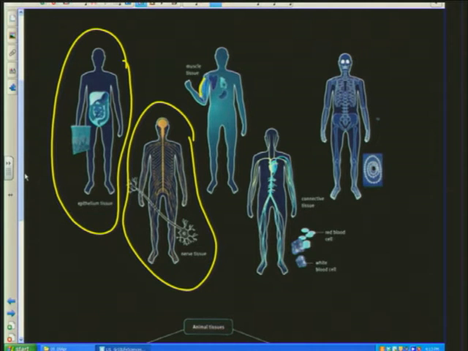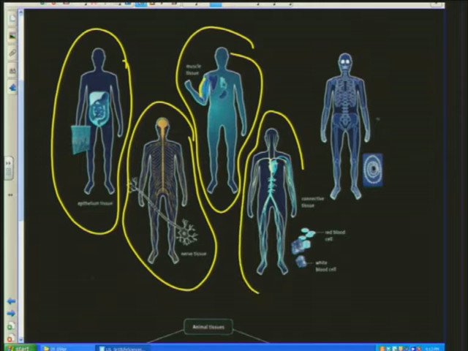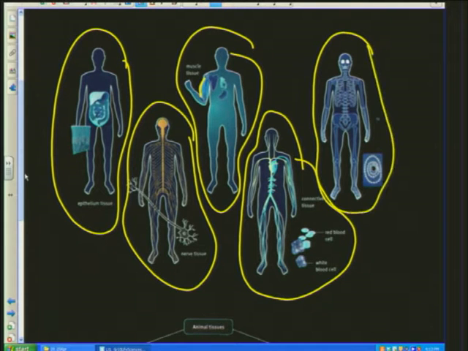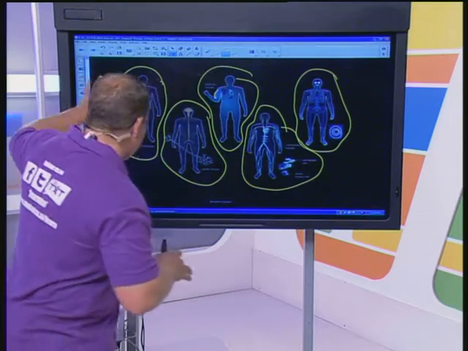Guns for Africa, right? Muscle tissue. Very nice. The next one is connective tissue. It's connecting everything together. And your last one, have a look at this. What do you think that is? That's bone, hey? That's your skeletal tissue, right? It's just your bone hanging around. So that is a nice little diagram.